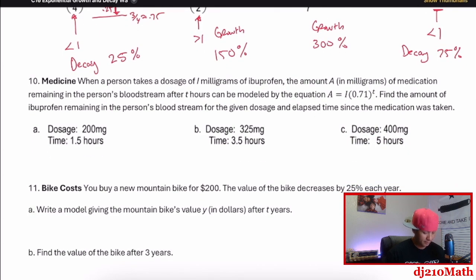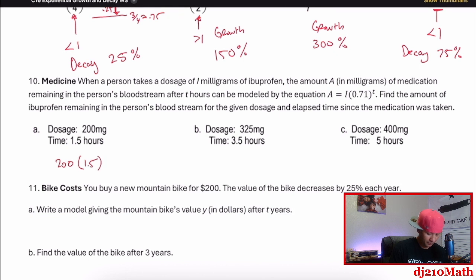Number 10. A person takes a dosage of ibuprofen. The amount of medication remaining in their bloodstream after T hours is modeled by this equation right here. Find the amount. All right. So I'll do the setup.